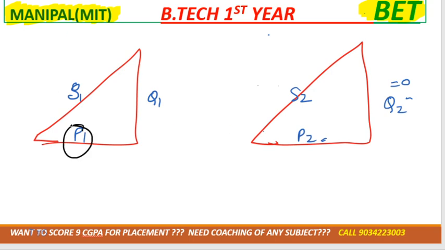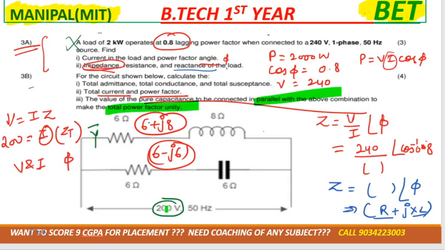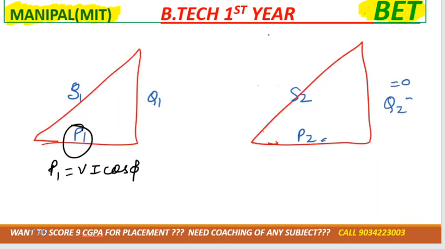Now we don't have P1 but we can get P1 by the formula VI cos phi. Voltage is given, 200 volt, current you calculated in the second step, cos phi also you have calculated in the second step. So if you have P1 and cos phi, can you get S1? If you have S1 and P1, can you get Q1?